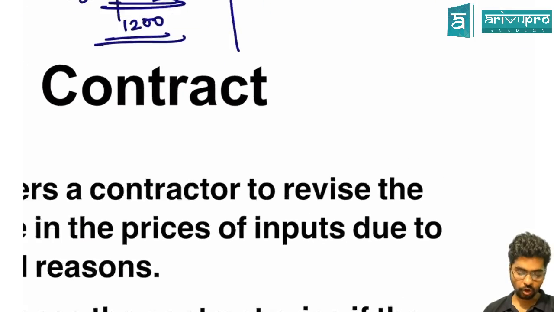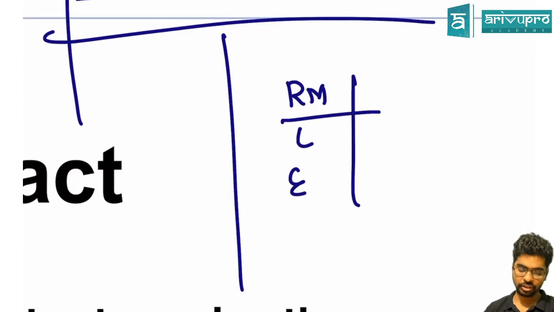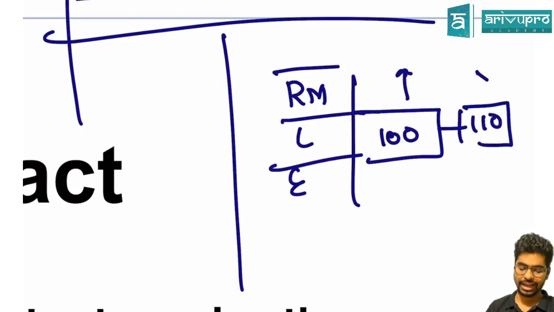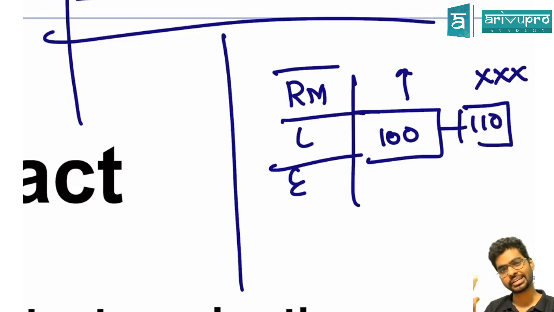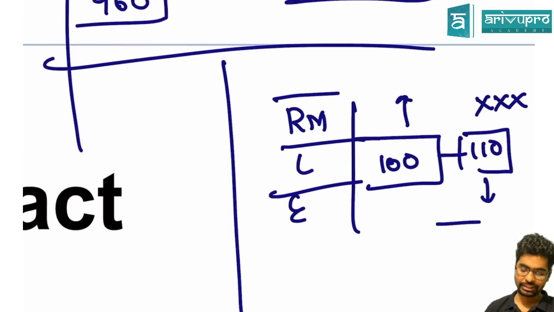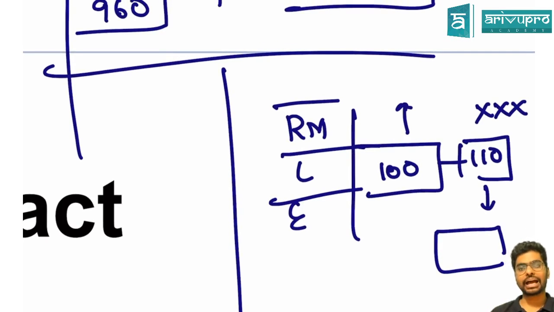The contractor says, boss, I agree, if the cost of raw material and labor goes up, let's say today it was 100 and it goes up to 110, I won't bother, because you have put in margin and estimated the cost, you have taken the risk. But if it goes beyond 110, then I have to get the project completed somehow, so you complete it, I will take care of that extra money.